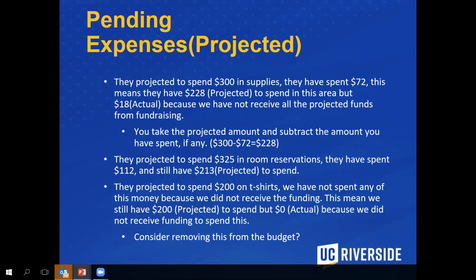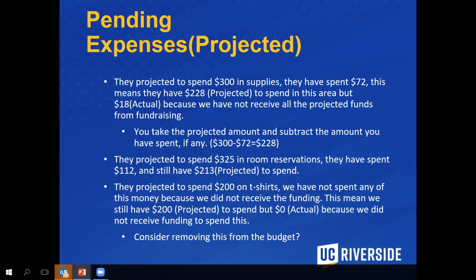So when we come to supplies, they projected to spend $300 in supplies. They spent $72. This means that they have $228 projected to spend. But their actual income that they have left is $18 because they have not received all of the projected funds from this fundraising.